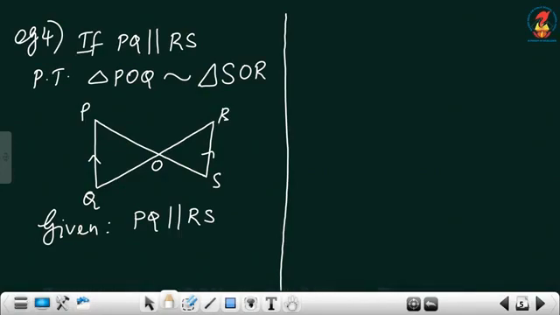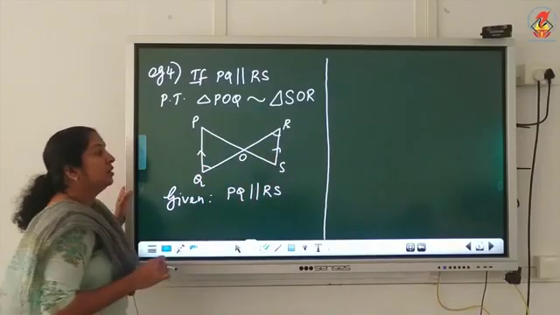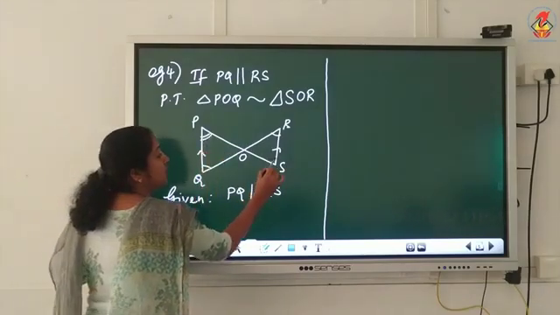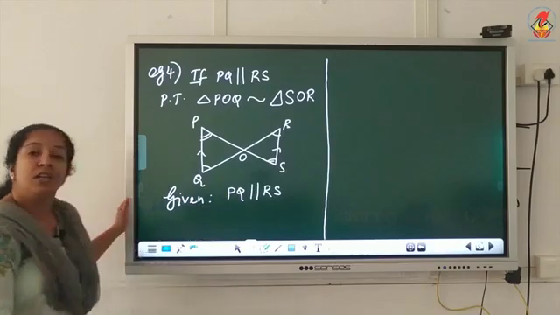Lines are parallel means corresponding angles are equal, alternate interior angles are equal, and interior angles on the same side of the transversal are supplementary. These three are possible. So here these two are parallel means what about these two angles? Alternate interior angles, and these two are also alternate interior angles. So these two are equal.